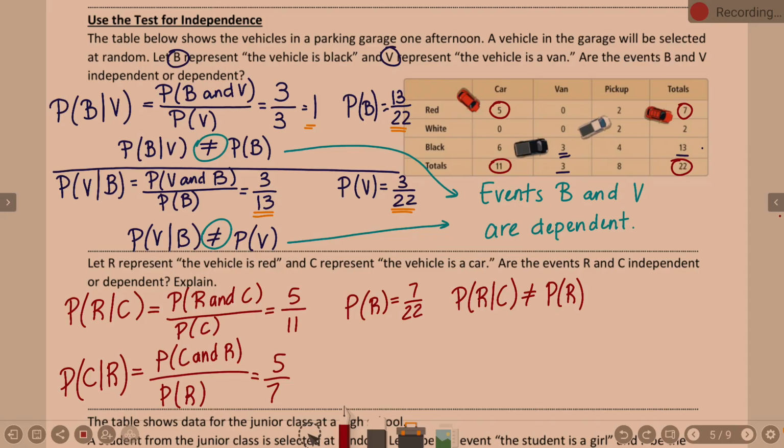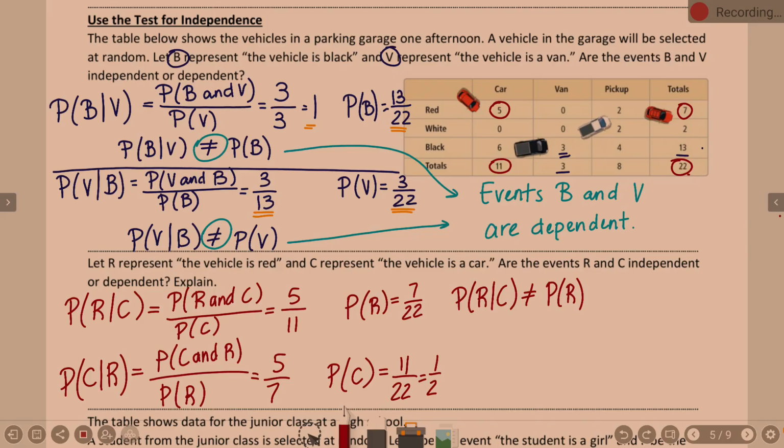What do I want to know if this equals? Does this equal the probability the vehicle is a car? So just your initial probability there, without the condition. What's the probability a vehicle is a car? 11 cars out of 22 vehicles. And 11 out of 22 does reduce to 1/2.